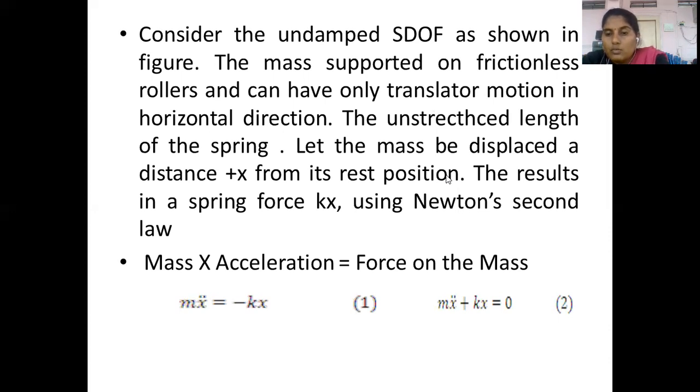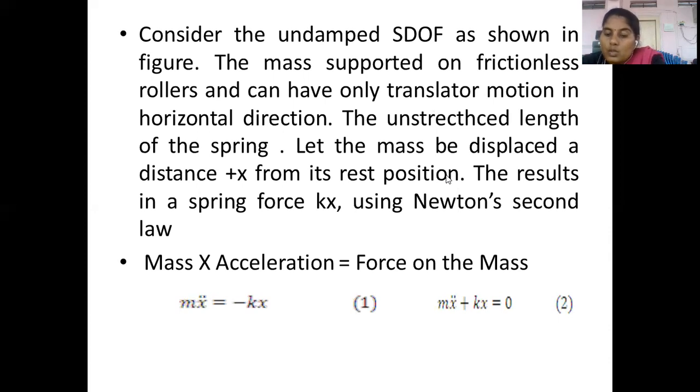This results in a spring force k x. Using Newton's second law, mass into acceleration is equal to the force on the mass.